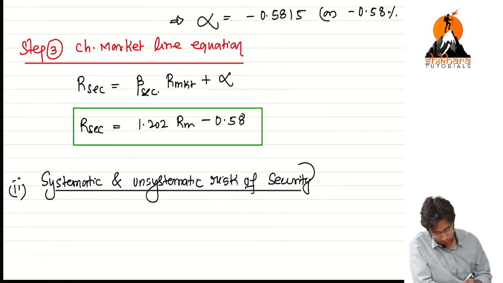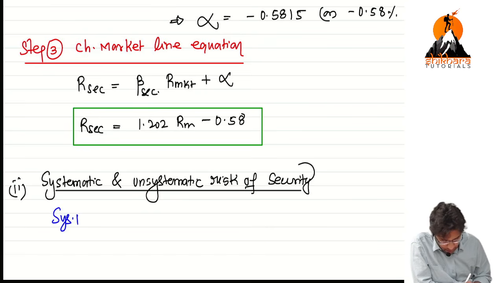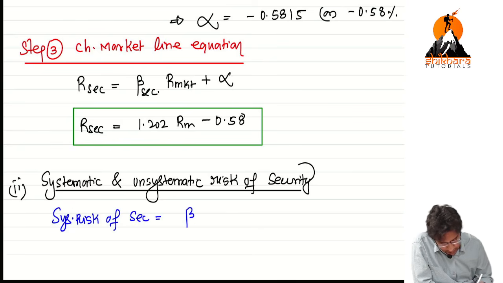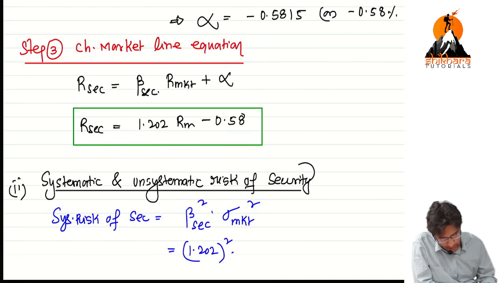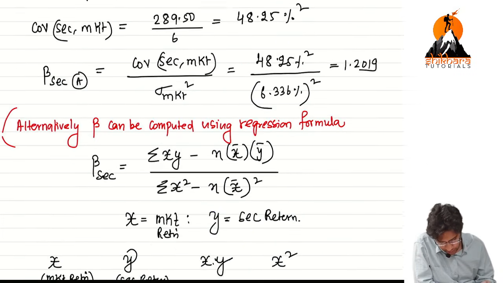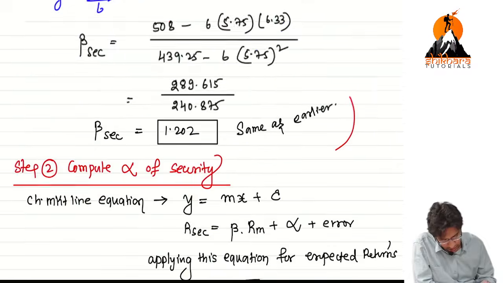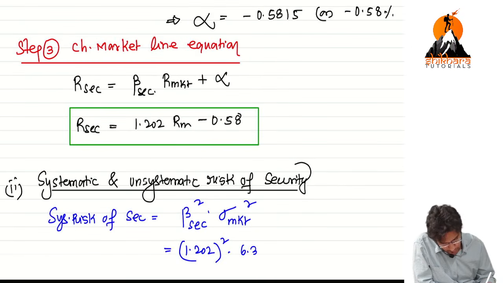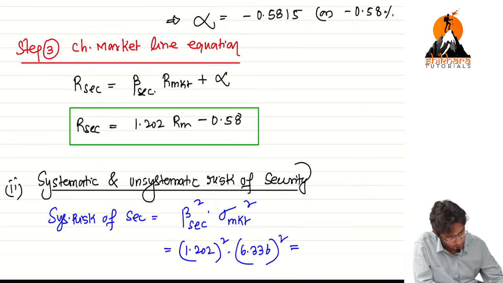You will tell me now how to work out the systematic risk of the security. It is beta of the security squared into sigma market squared. Beta is 1.202, whole squared. Sigma market we worked out somewhere earlier, it is 6.336. So 1.202 squared into 6.336 is equal to 58.